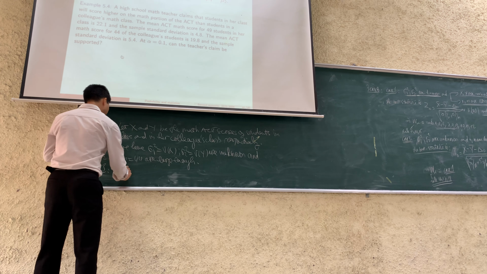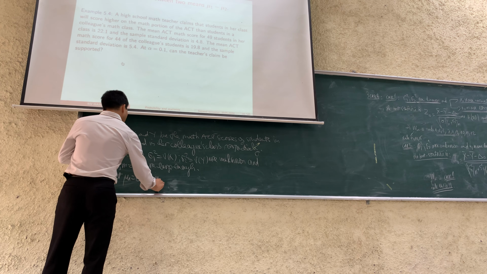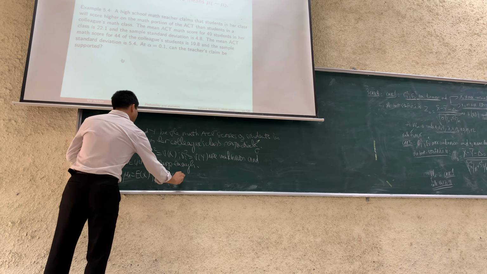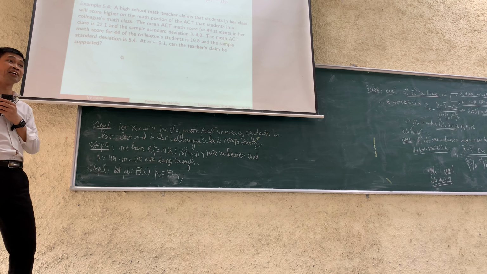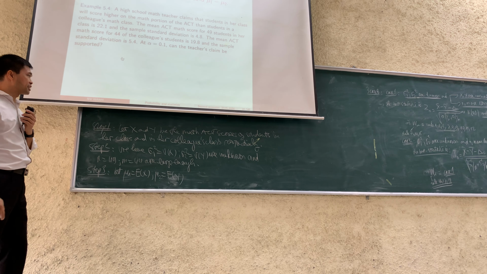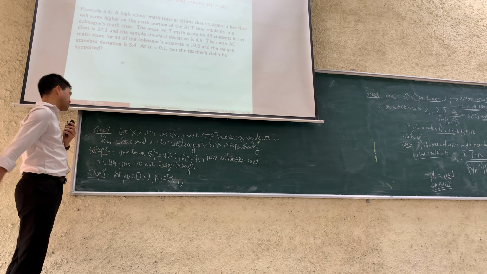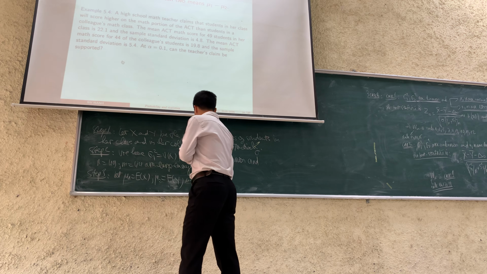What is mu1? mu1 is the mean of X, so it's the mean ACT score of students in her class. mu2 is the mean ACT score of students in her college class. mu1 is mu x, mu2 is mu y, and we test.